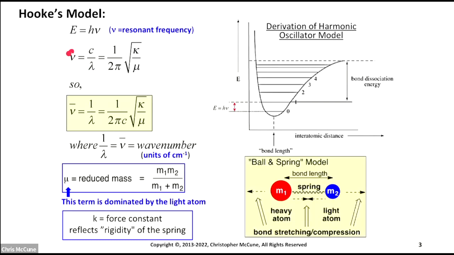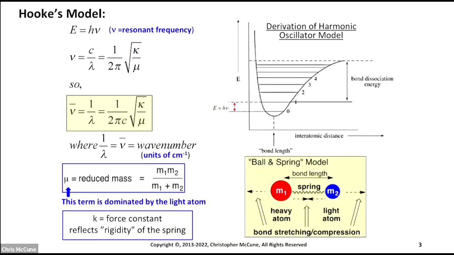So there's a relationship between frequency being inversely proportional to wavelength, and that can all be equal to this term right here, which inside this term, we can look at factors that are affecting where along the axis the signal shows up. So we have k, that's the spring constant or the force constant.